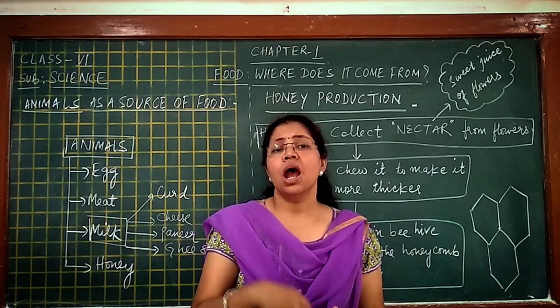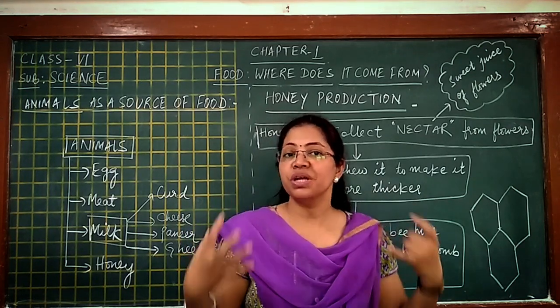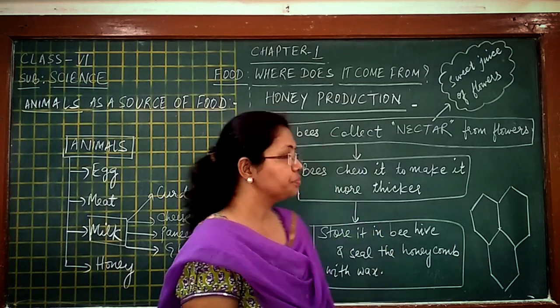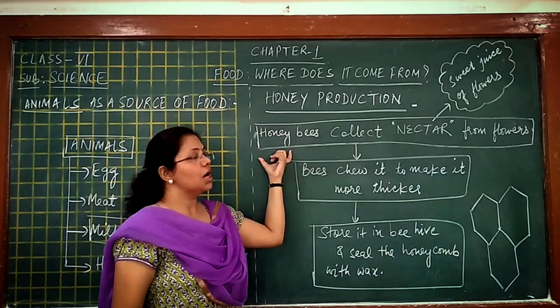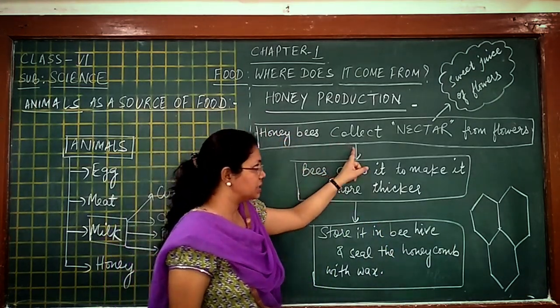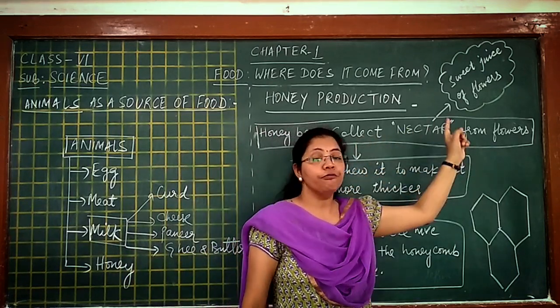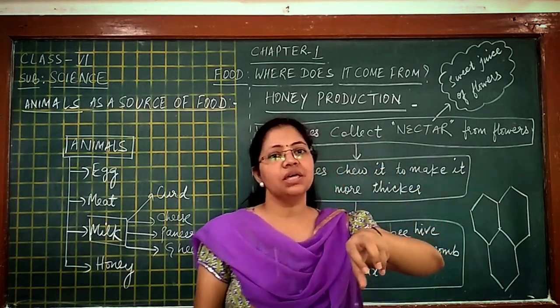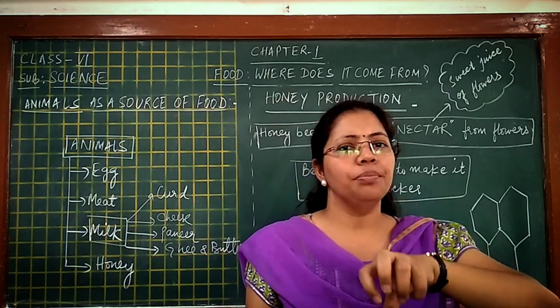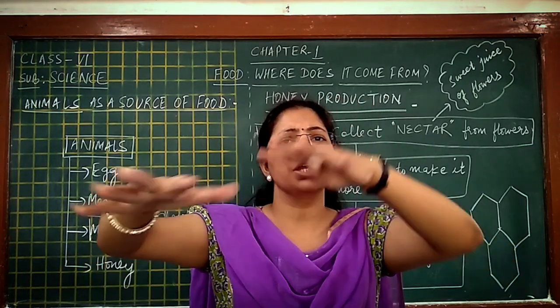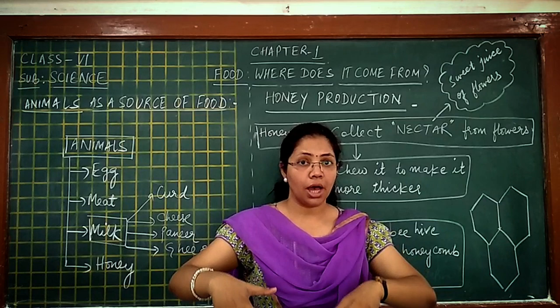So let's see how this honey is prepared by honeybees. So first honeybees collect nectar from flowers. You might have seen that honeybees, small bees, keep on fluttering over the flowers. Why?